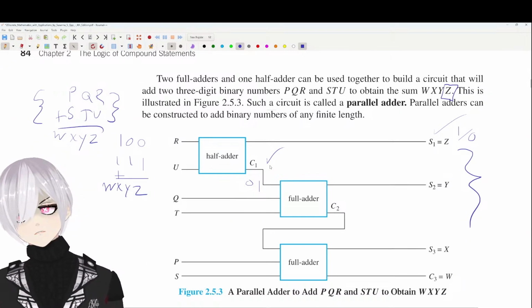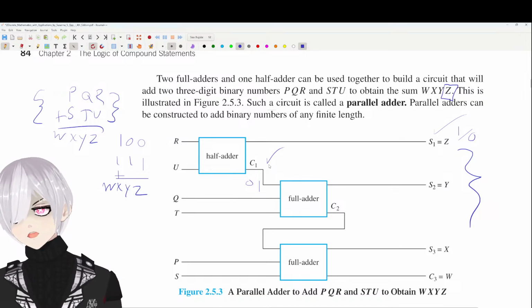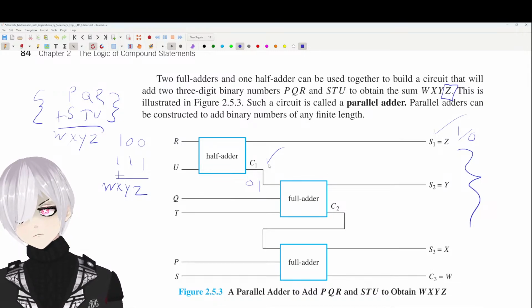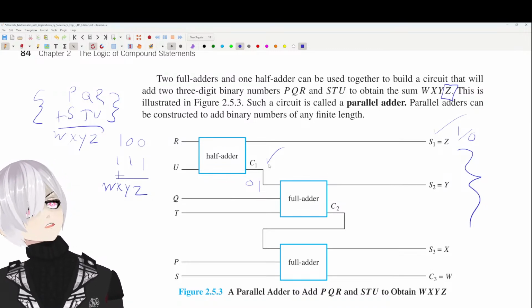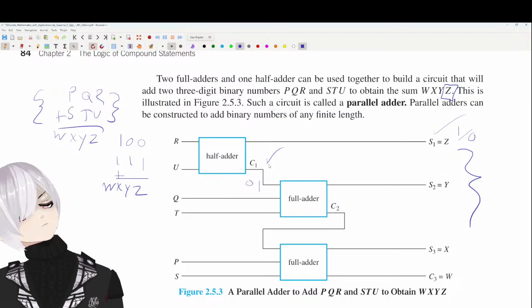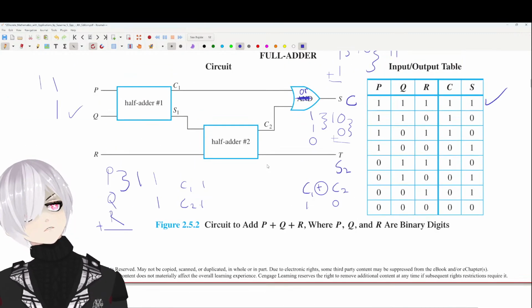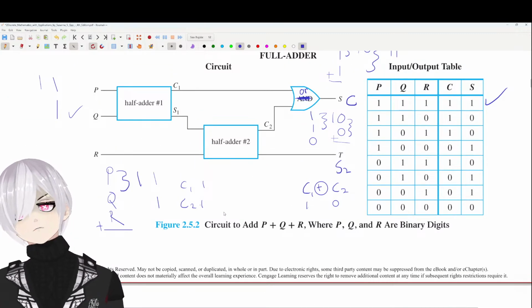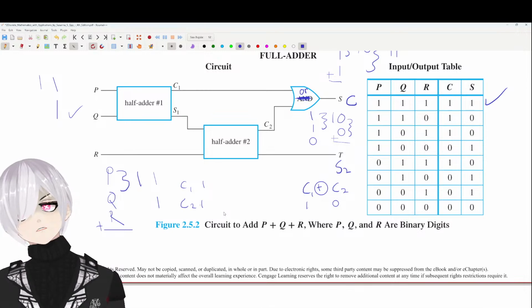So whenever C1 happened to be 0, because you added P and Q and C1 was 0, then you have 0 plus Q plus T going into the full adder. So there's that XOR of C1 and C2.